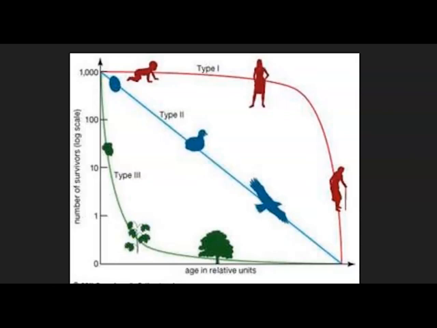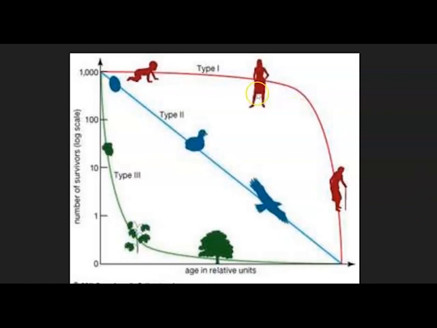Type 1 species are usually also K-selected species. They will have one or two children. They will make sure that their baby survives to reproductive stage, so more often than not, there are more of that species dying at an older age.